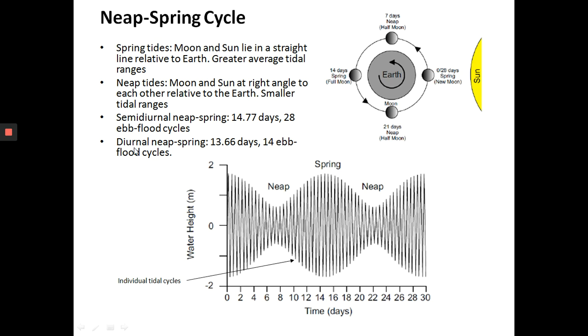But if you only have one tide per day, because you have diurnal tides, every 13.66 days you only get 14 ebb flood tidal cycles, half of that. So remember that you get two superimposed waves here: the daily tidal cycles and then the monthly cycle.